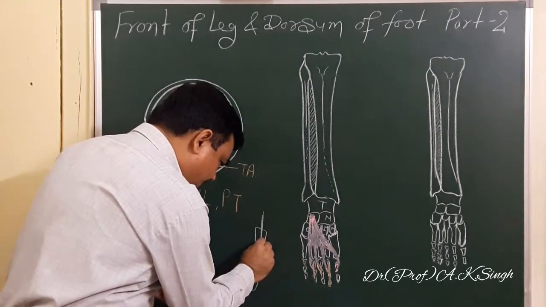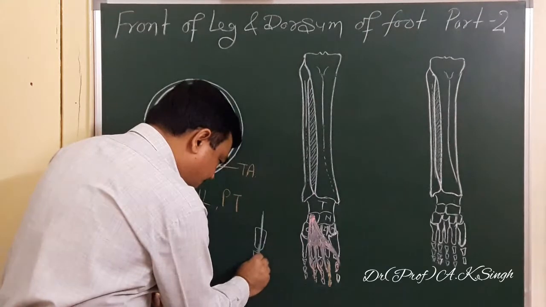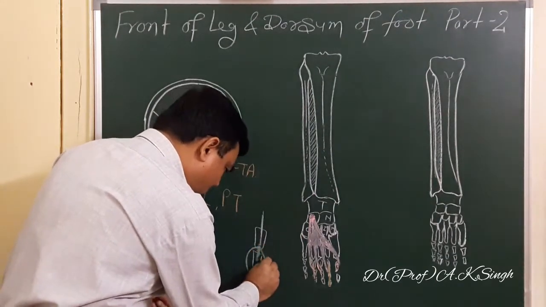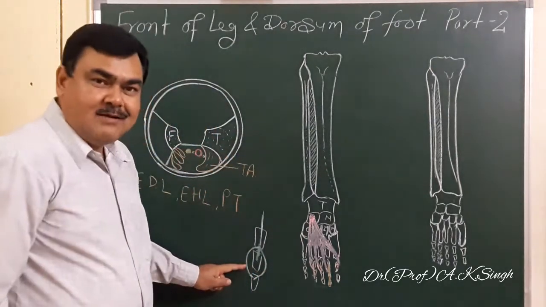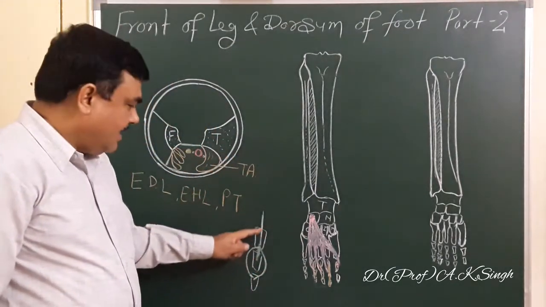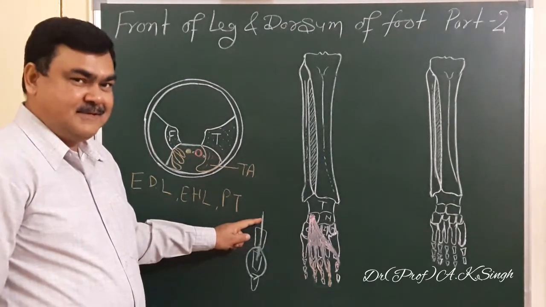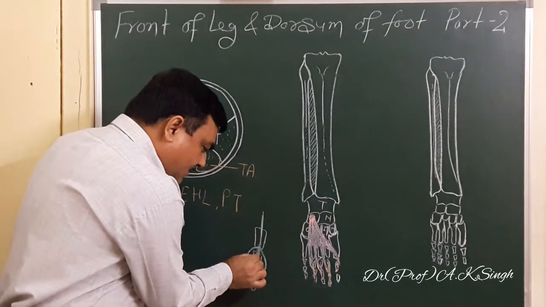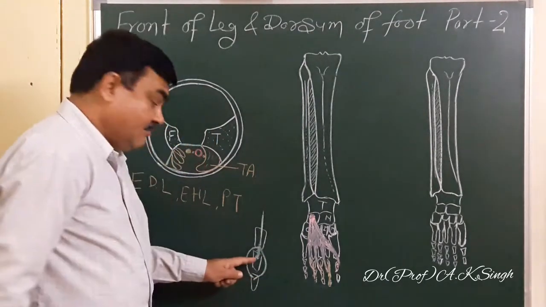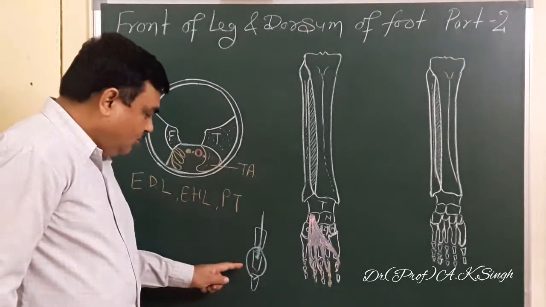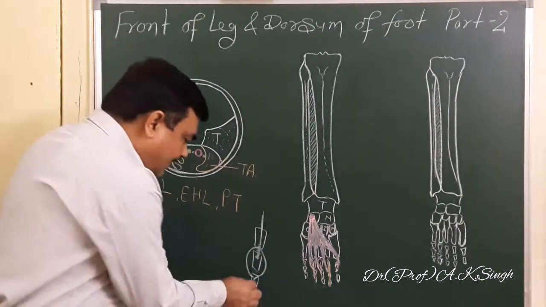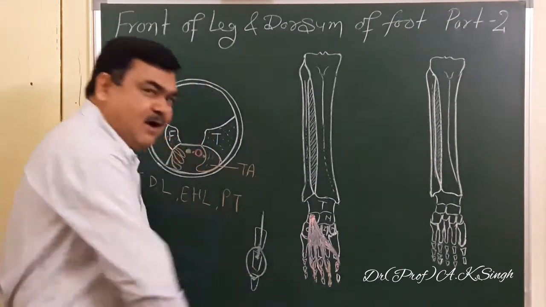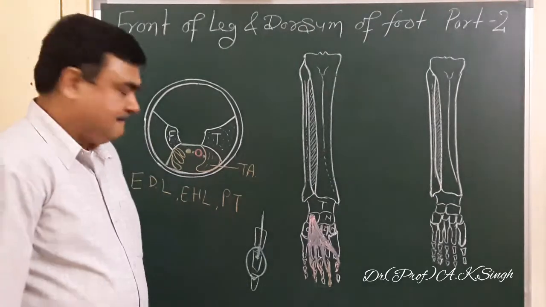Here it divides into 3 slips. This is the central slip and there are 2 lateral slips, which are known as collateral slips. This is the central slip of the tendon of the extensor digitorum longus. So this central slip is inserted on the dorsum of the base of the middle phalanx, and these 2 collateral slips are inserted on the dorsum of the base of the distal phalanx.